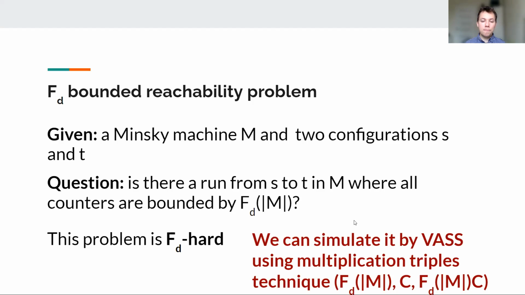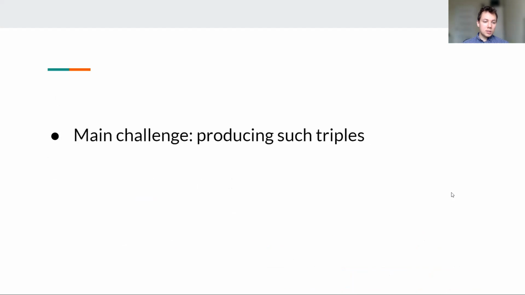Okay, so what we can do is to simulate this Minsky machine by a VAS using the multiplication triples technique. Exactly the triple F_d, C, F_d times C. So the main challenge is producing such triples.